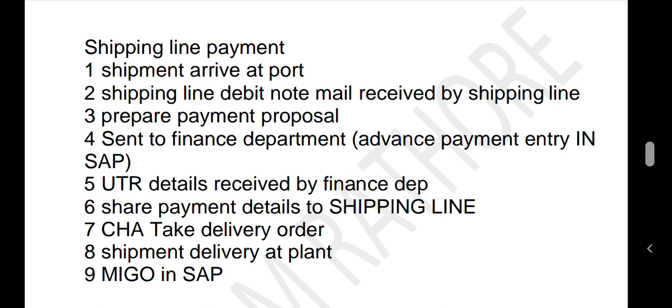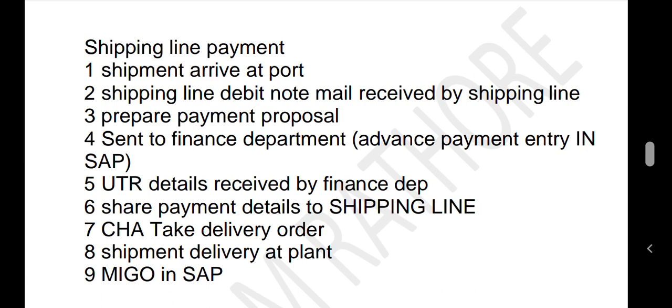And point number 4 says we need to send this proposal to the account department, the finance department. We also need to understand another thing here. Since our shipment has not arrived at our plant, in SAP there is no GRN entry, so our finance department releases this payment as advance.